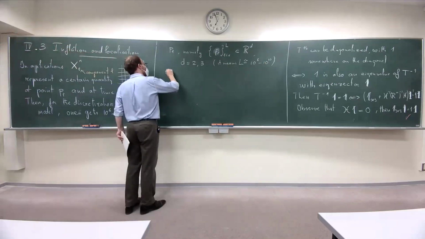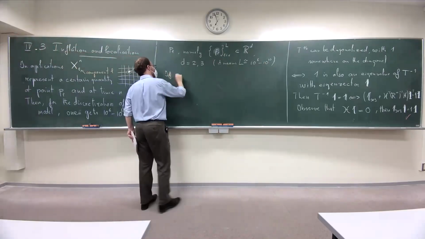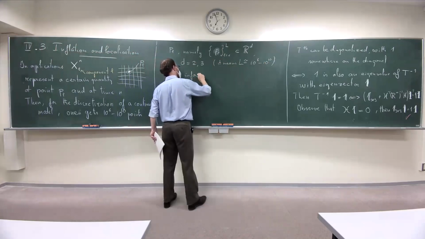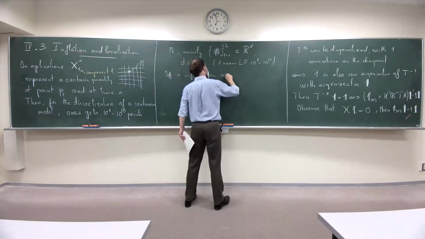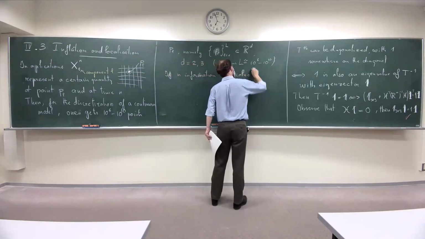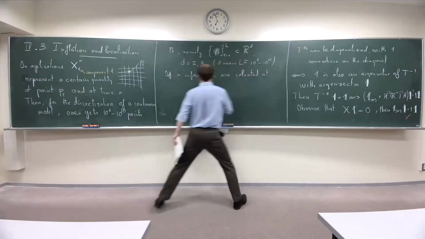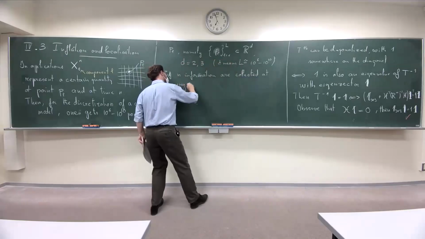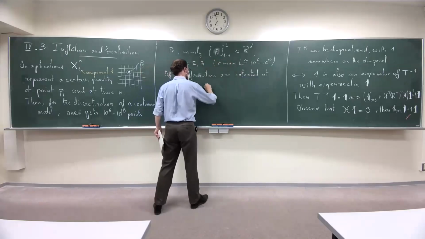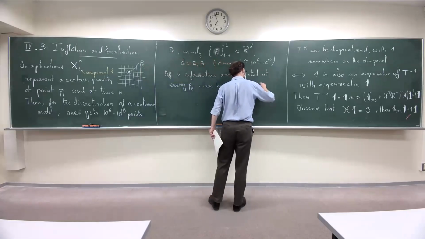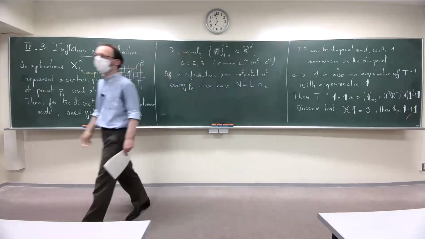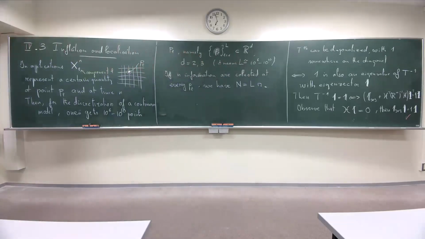So if small n information are collected at every l, we have now capital N is capital L times n. So this is a relation between the number of information you have at every point and the number of points. So yeah, N is really huge.